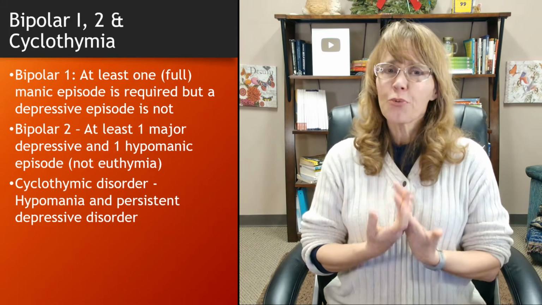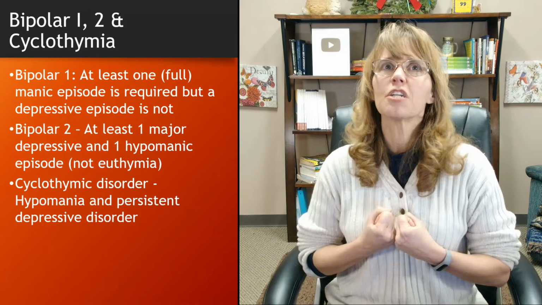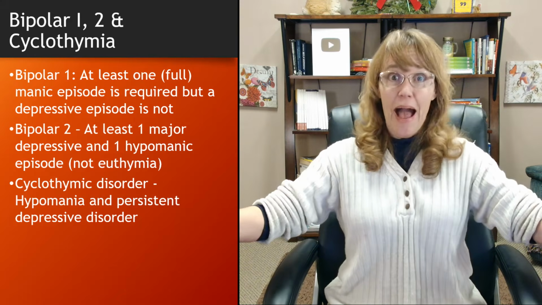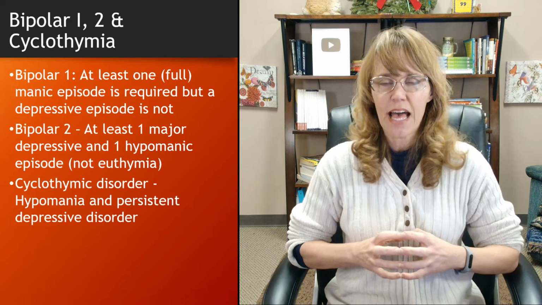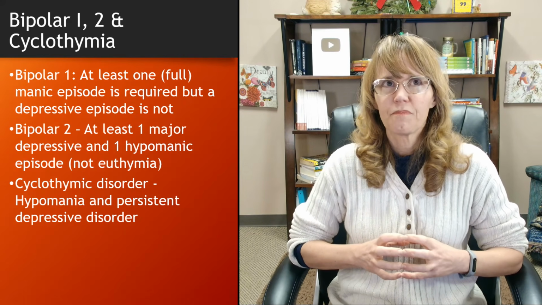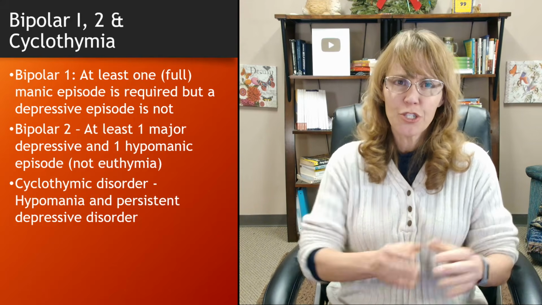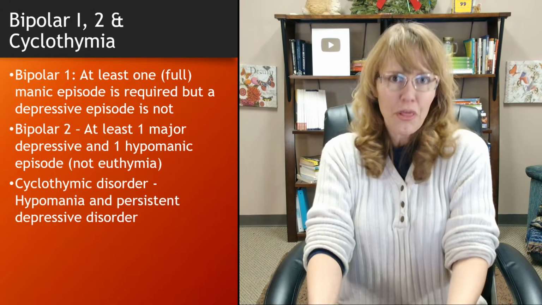And sometimes euthymia can look a little hypomanic-y because the person is so relieved to finally have their energy back. They're like, oh, I'm back. So we do want to carefully differentially diagnose that and not diagnose somebody with bipolar 2 who actually has unipolar depression and just really good euthymia.